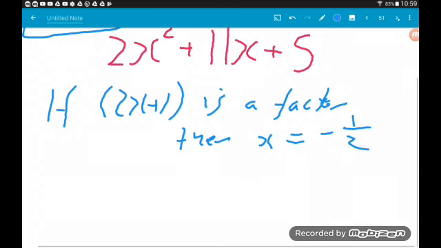So, we need to check then if f of minus 1/2 is equal to 0.